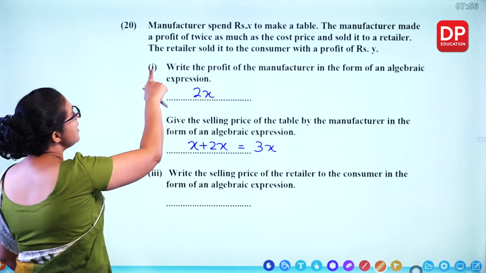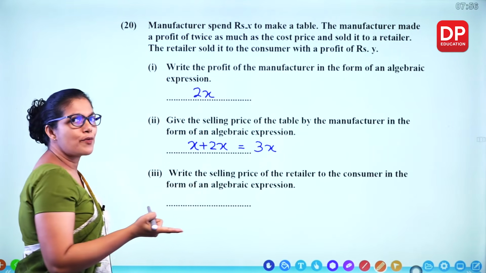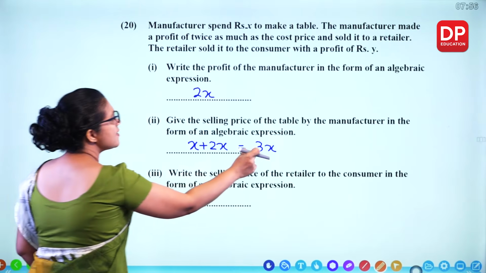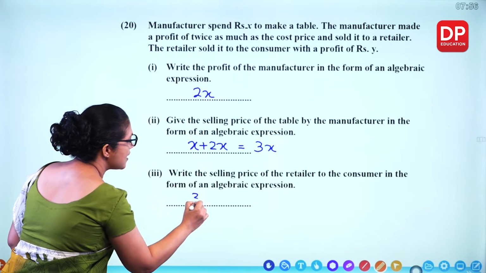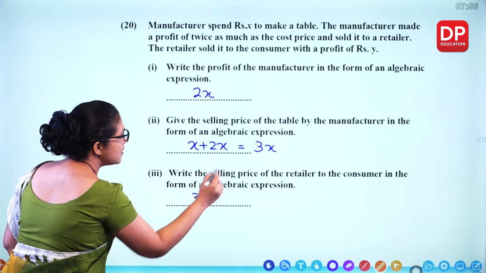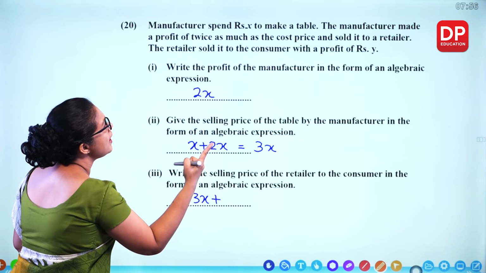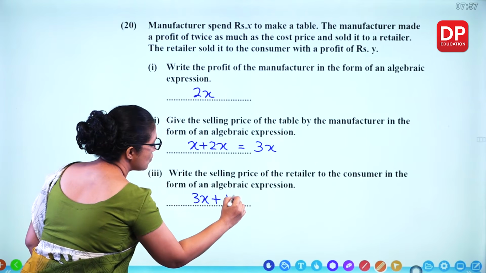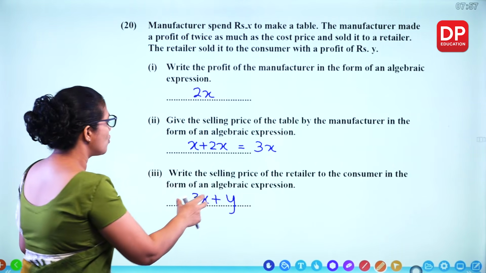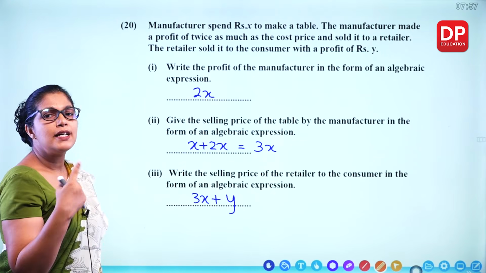Now, the retailer sold it to the consumer with a profit of Y rupees. So this is the price the retailer bought at, that means 3X, and he keeps Y rupees profit. So you have to add Y. So this is the selling price of the retailer to the consumer.